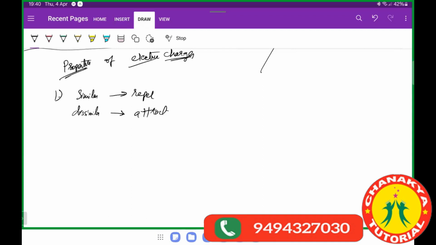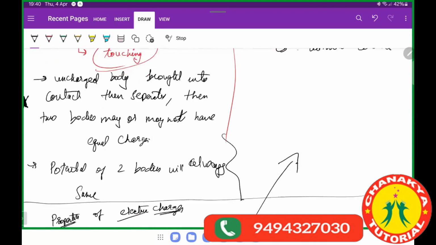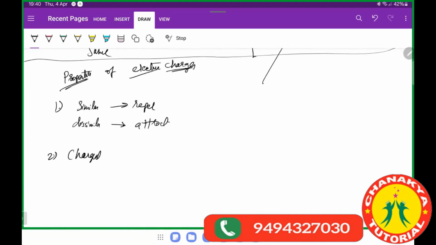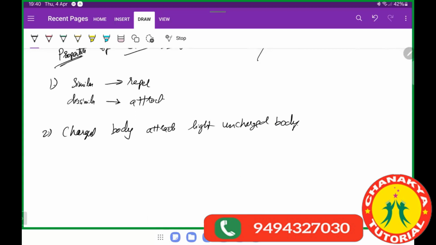So next point we can say here, a charged body attracts a light uncharged body.